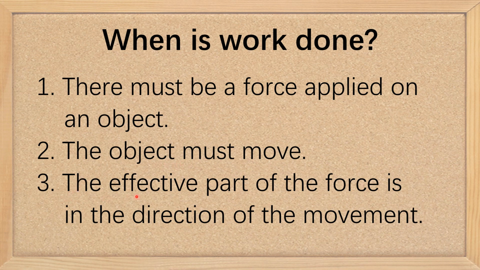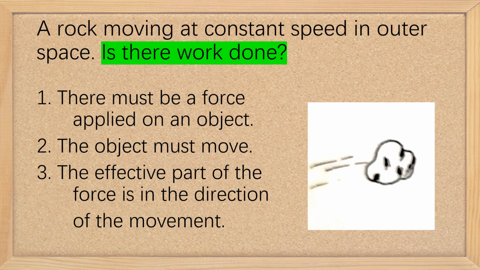And number three, the effective part of the force is in the direction of the movement. So if the pushing force is going to the right, then the object should also move to the right. If the force is going up, then the object should move upwards. I have here different examples on how we define work.